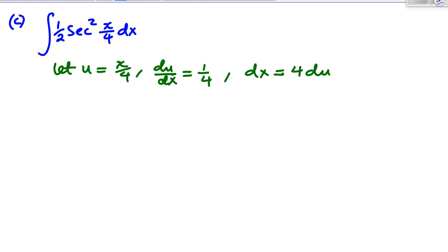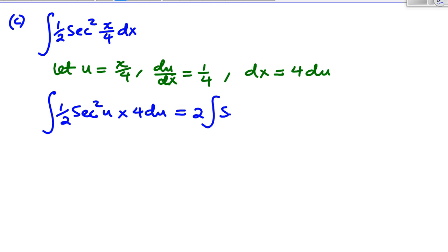Make the substitution, so we end up with the integral a half secant squared u multiplied by dx, which is 4 du. So we'll end up with a half of 4 is 2, so 2 outside secant squared u du.